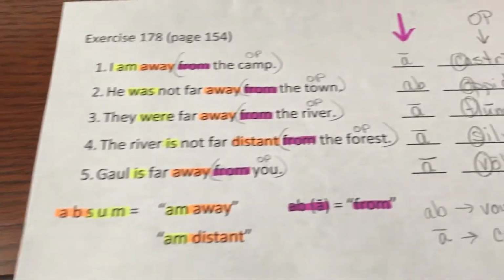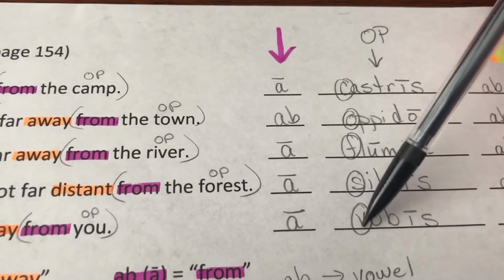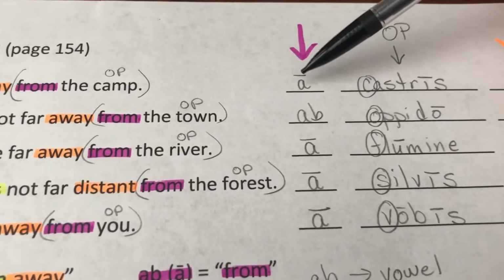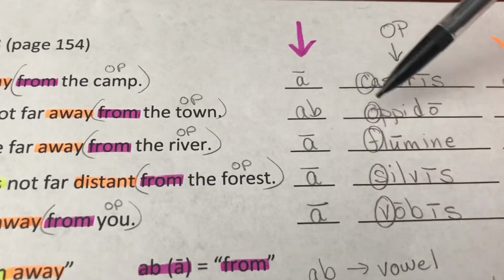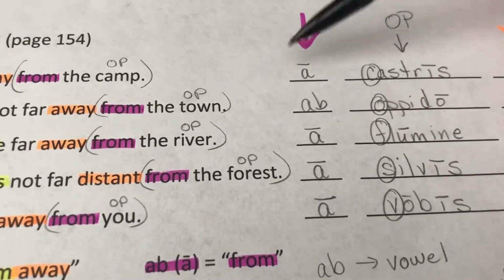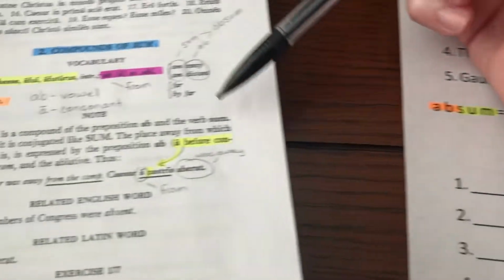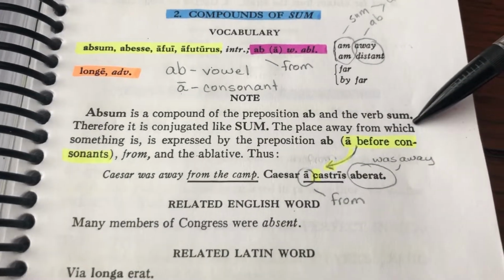So we looked at all of these. Four of the five are consonants, so all of those are going to have the a. This is our only vowel, and it's got the ab. Once I explained it to them and we filled this out, we went back over here and reread it to see if it made sense.